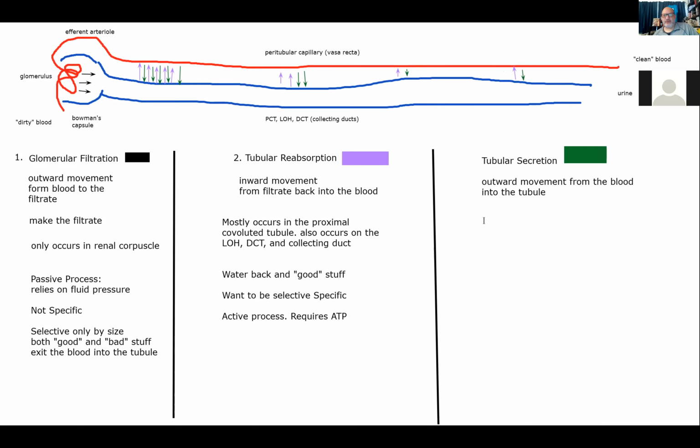So like tubular reabsorption, this mostly occurs in the proximal convoluted tubule, but also occurs in the loop of Henle, distal convoluted tubule, and collecting duct.